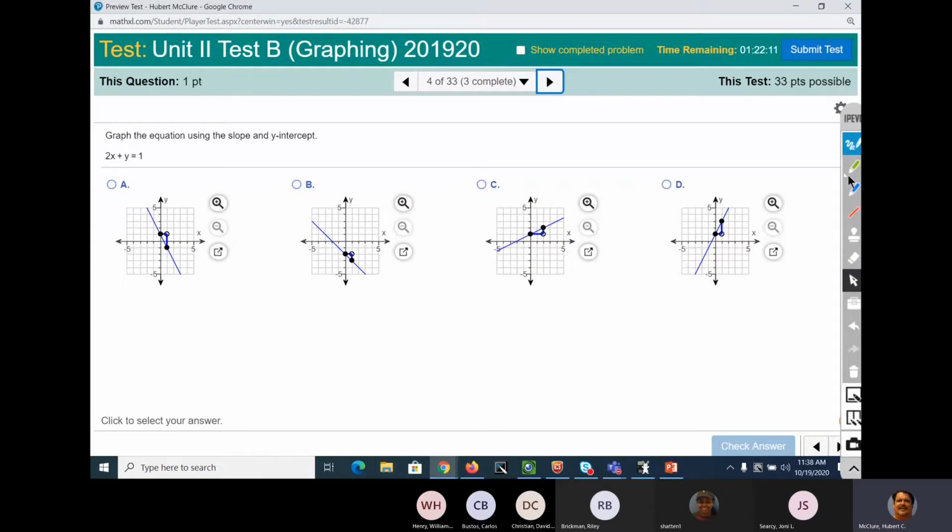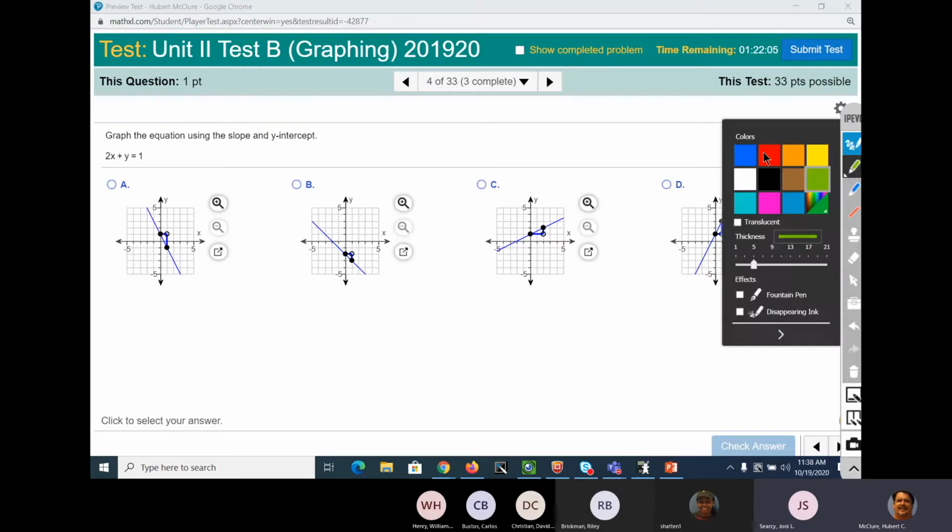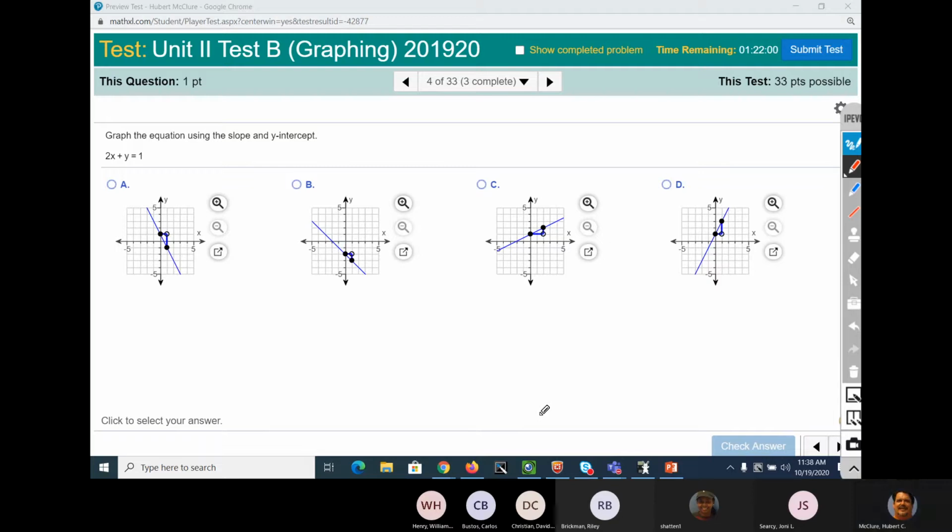Well, I can tell you where it's not. Somebody tell me which one it's not. B. It's not B because this is a negative y-intercept.